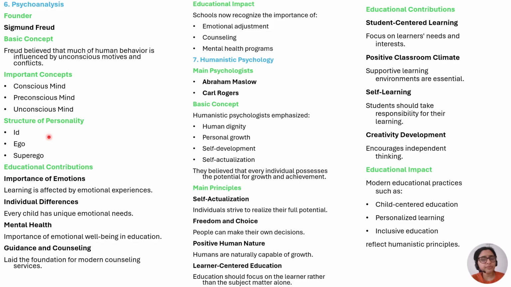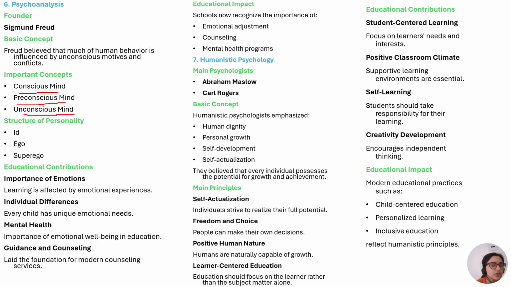Then the structure of personality that is given by them is id, ego, and superego. So there are three important concepts here: the conscious mind, the preconscious mind, and the unconscious mind.